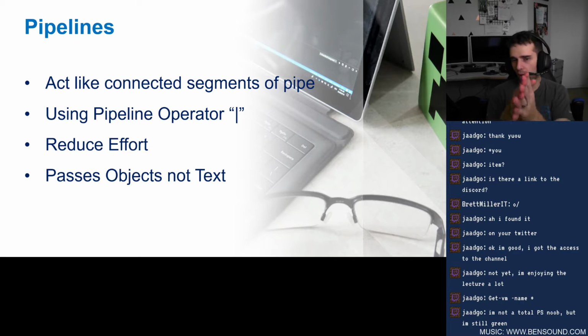PowerShell passes objects. So it's a lot more flexible with what it's capable of doing. Traditionally with command prompt, if you were to do something like ping, the text that's coming out is just text. It is nothing special. In PowerShell, it's an object, and that's really what makes it really powerful.